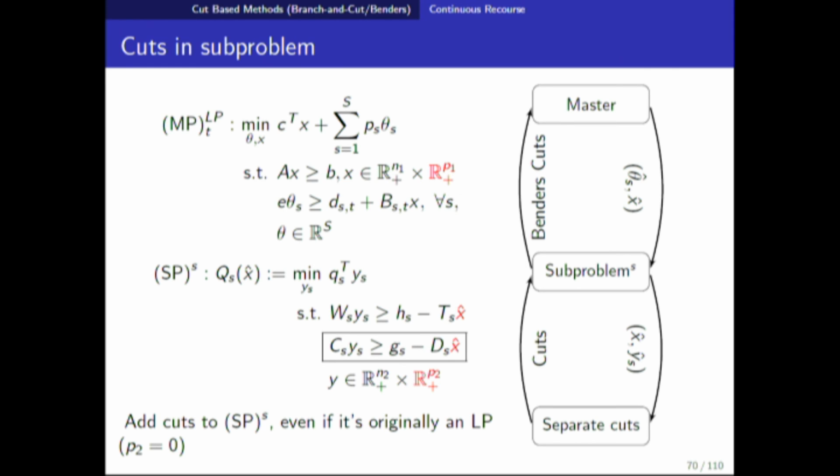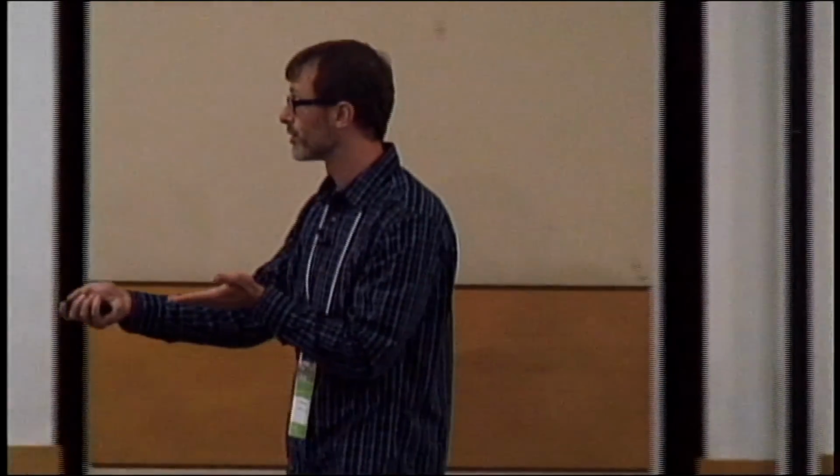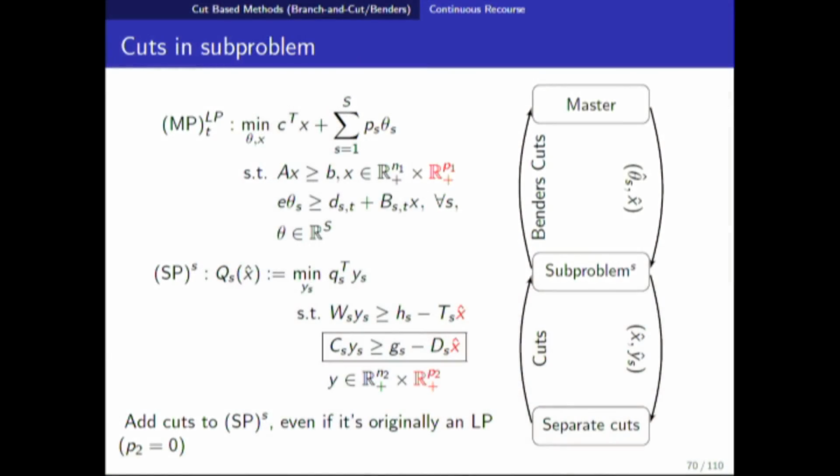But the cuts that I'm adding aren't valid just for x fixed. They have to be valid for that set in x and y, where x is a variable. So I can still add cuts there, and they will cut off the solution that I might get out of this subproblem, and it can give me value in terms of the bound. And so even if that second stage problem is continuous recourse, this methodology is still useful.